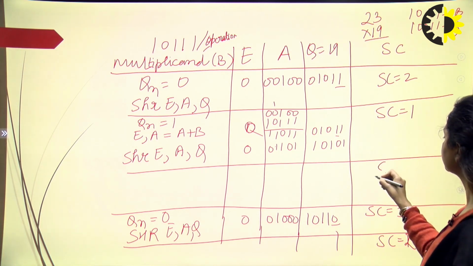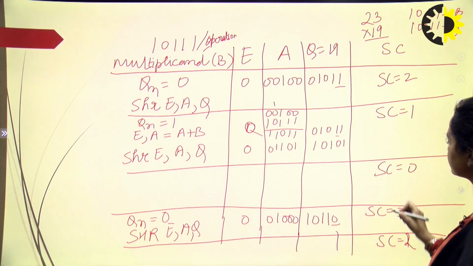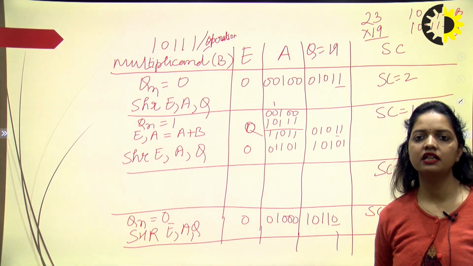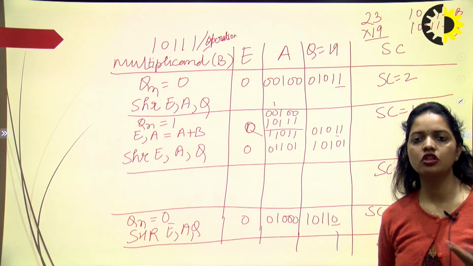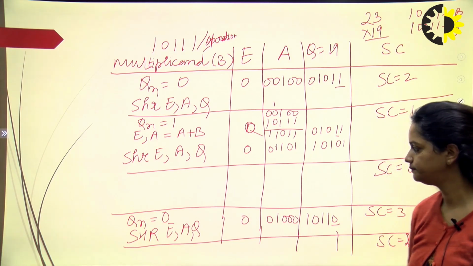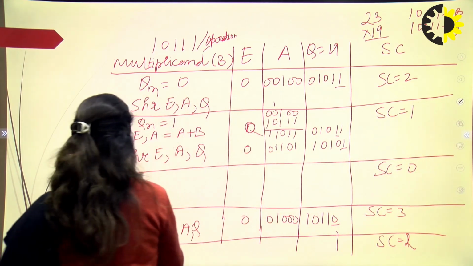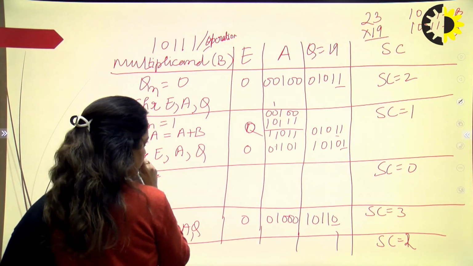Now for sequence counter 0, decrementing sequence counter 1, we will be reaching the last step where we are getting our solution, that is the multiplication result. Let us again perform the check. Here Qn is equal to 1.